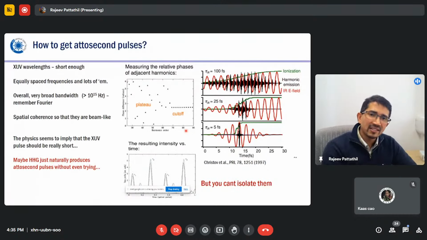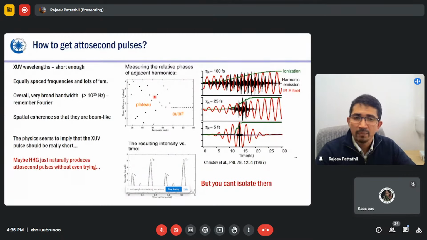So if the phases of different harmonics are random, which could in principle be possible when you have a lot of cycles like this, what you get will be just rubbish. You may not get very constant intensity attosecond pulses. You'll have a very random fluctuation of attosecond pulses.